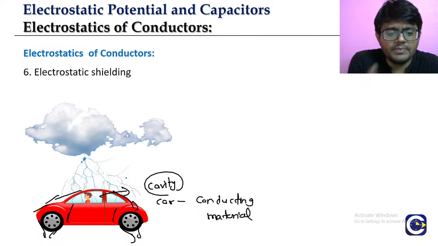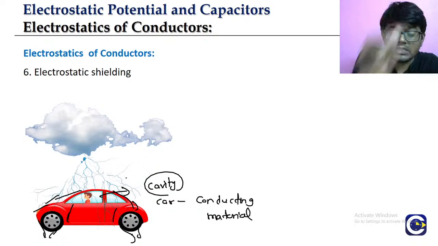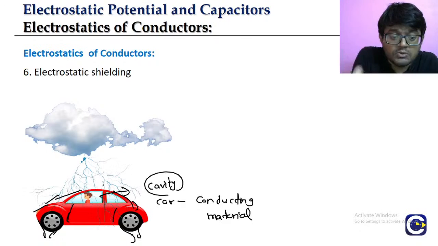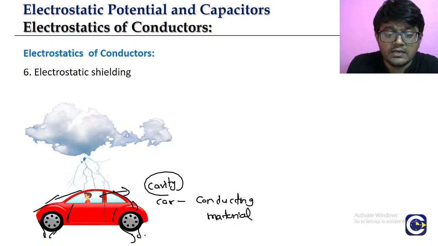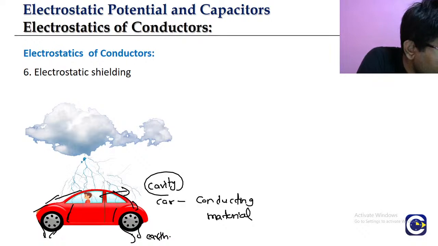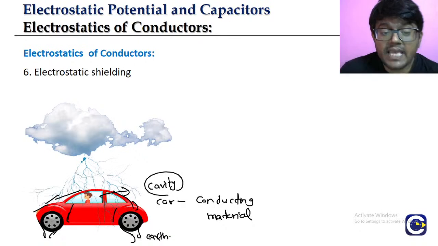So the cavity kulla poi neenga ukarnu vechukonga, then you will be protected. Outside, a large amount of charge might come and fall, but the charge will automatically move only on the surface, and it will pass to the earth. Nothing is going to happen to you. Okay va? So this is about the practical application of the electrostatic shielding.